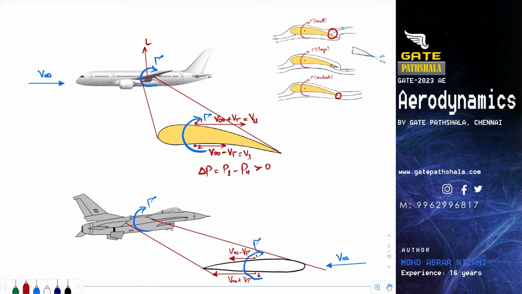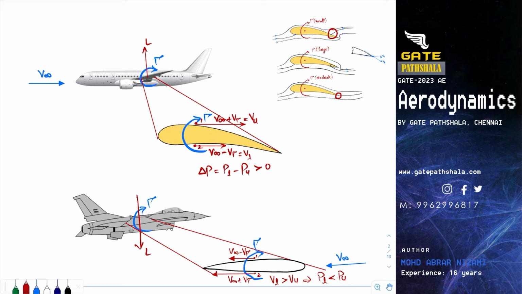So if you apply the clockwise direction in this, V lower will become greater than V upper. That implies P lower will become less than P upper, meaning there will be a decrement in lift. That is loss of lift, which is absolutely wrong.